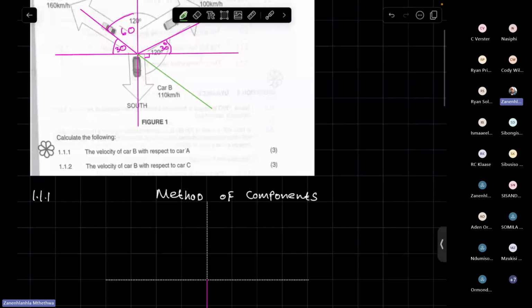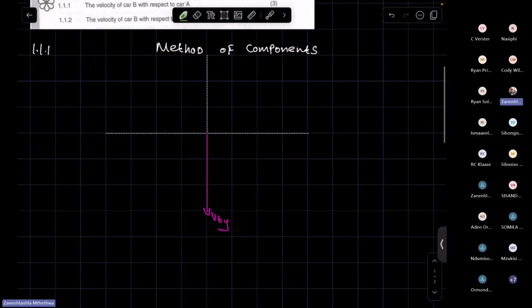Now we know that this vector is making an angle of 30 degrees with the x-axis. So when drawing it here, we know this angle is going to be equal to what? 30 degrees, right? We've already established that the vector A is at an angle of 30 degrees with the x-axis.